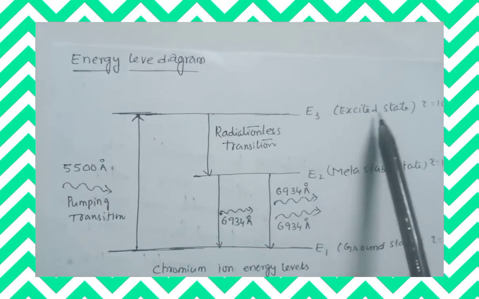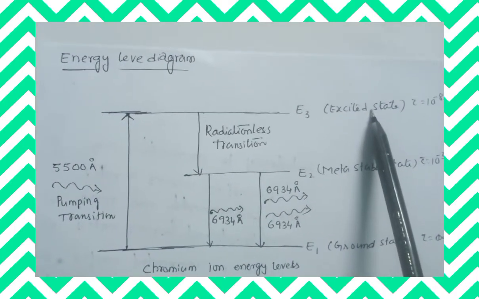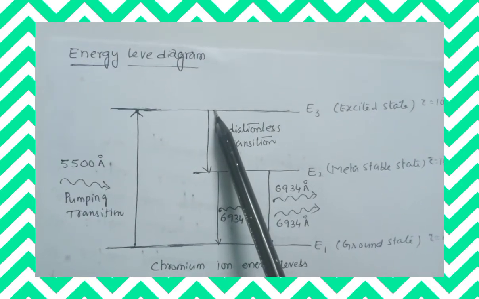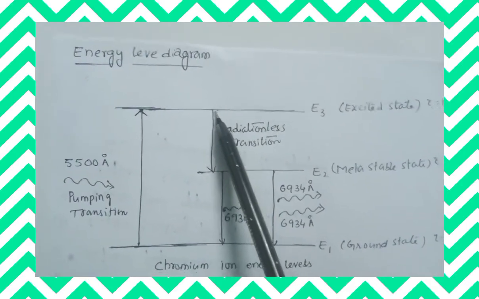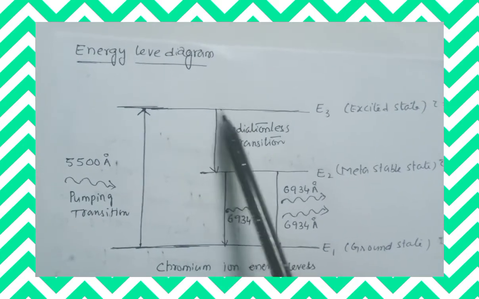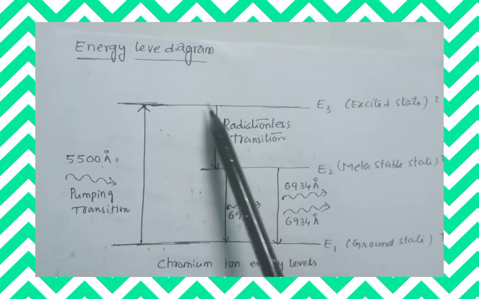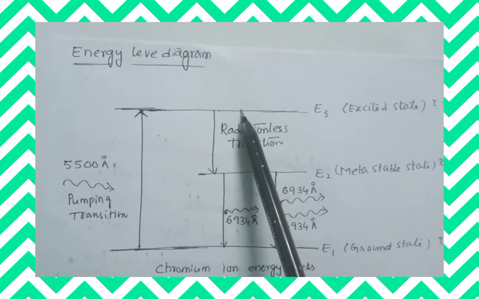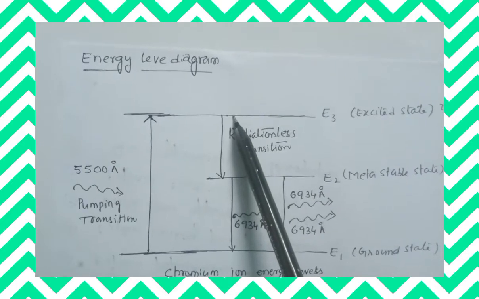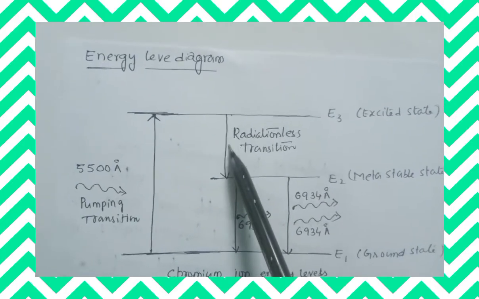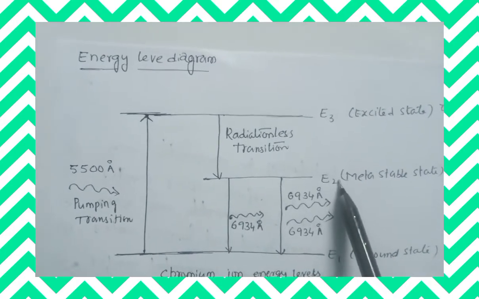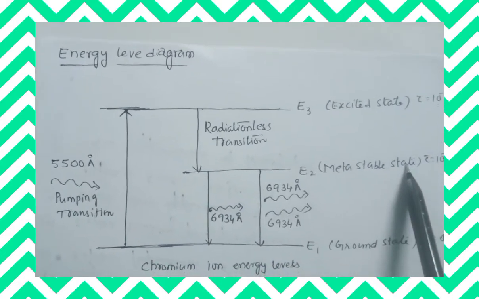This is also called the excited state. In the excited state, the chromium ions collide with each other. Due to collision, they lose some energy and jump to the lower energy level called E2, also named the metastable state.